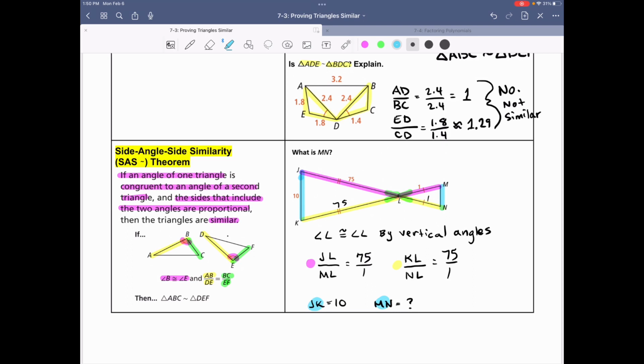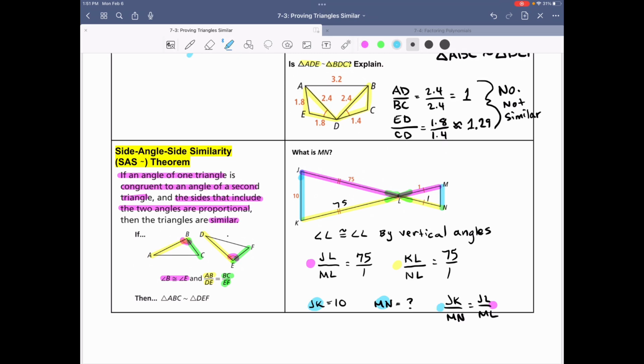Now we just need to set up a proportion. We'll just write it like above. JK is to MN as JL is to ML. Just using the purple, what we had in purple, and then these were blue.